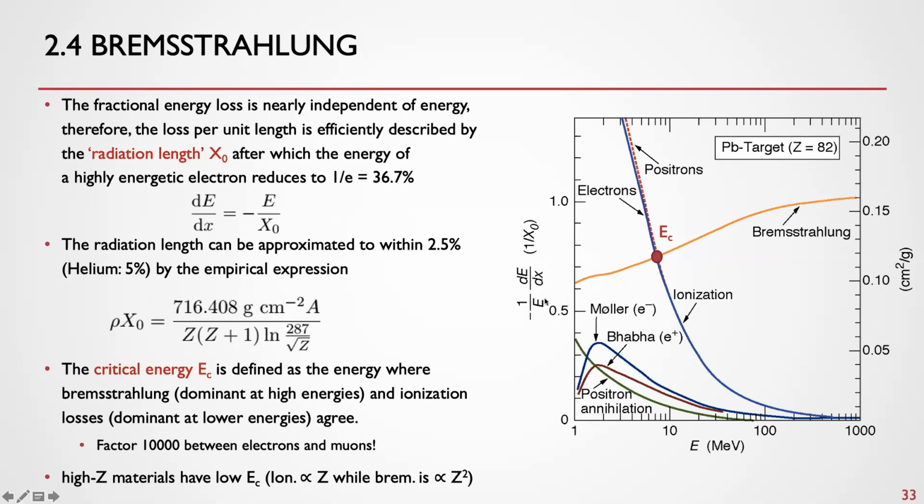Remember, there's a 1/E here, so if you plot the energy loss versus energy, there is a very steep decline. So you roll down this curve until you hit the critical energy. The critical energy is the lowest energy loss. And beyond that, down in the MeV range, the energy loss is extremely steep, and the particles quickly thermalize.